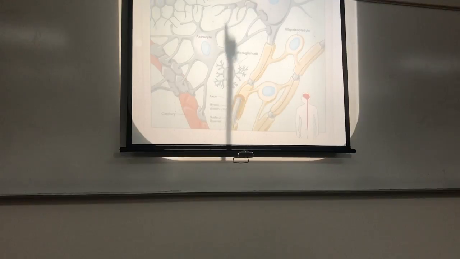Then I wanted to show you these little guys here. They almost seem to be kind of floating in space. They don't seem to be connected to anybody. And they're really small. These guys are called the microglia. And these guys, believe it or not, are phagocytic.